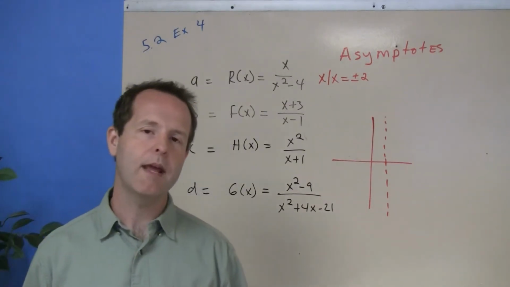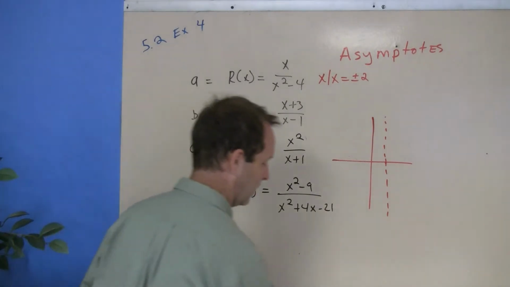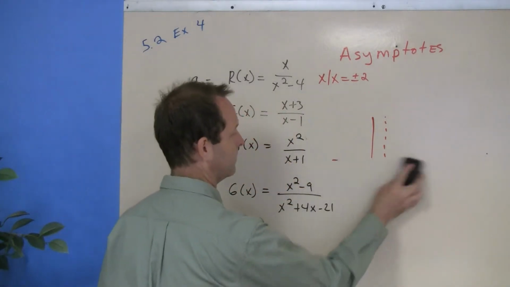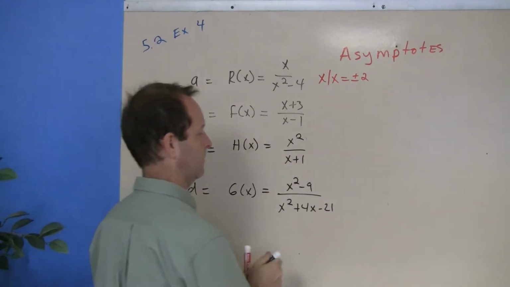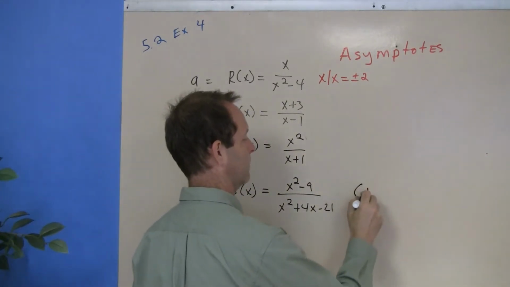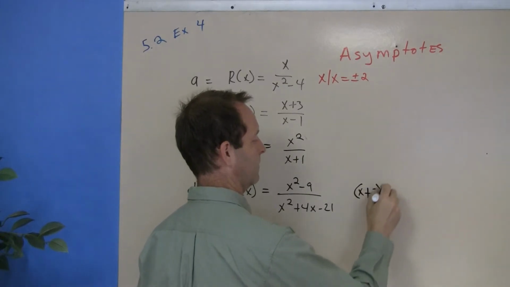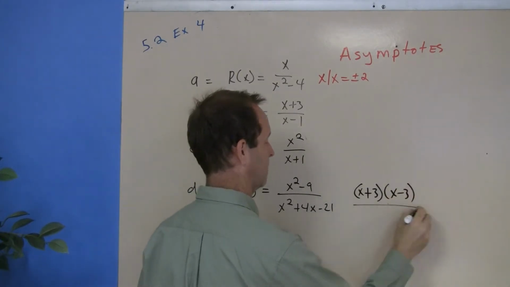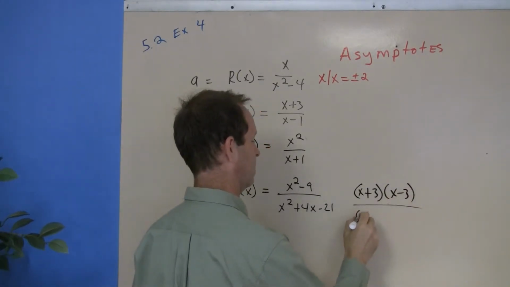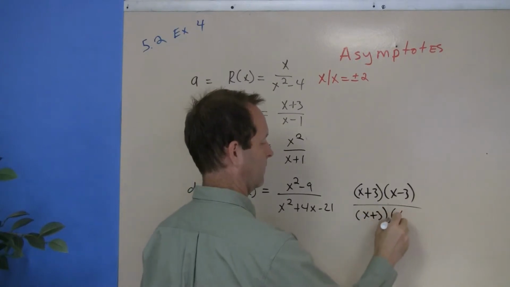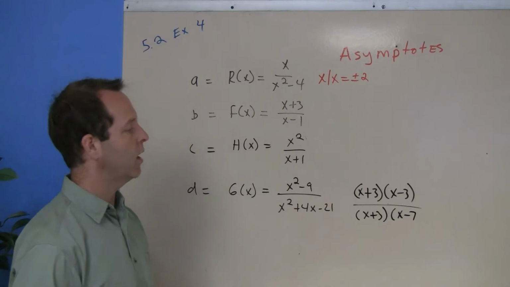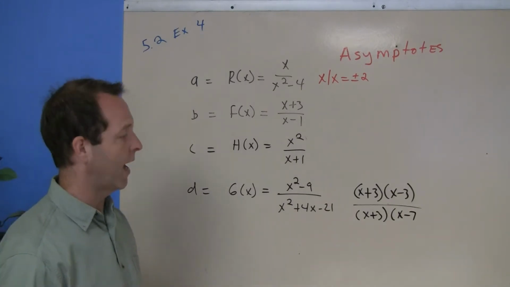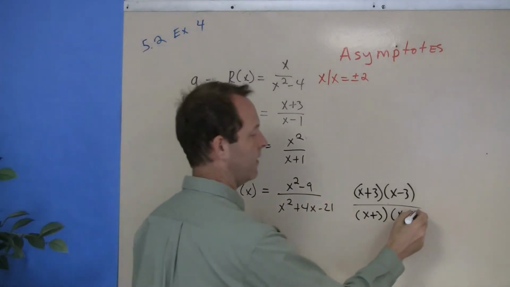We realize that maybe I can factor it. So let's first factor it down: x plus 3 times x minus 3 over x plus 3 times x minus 7.